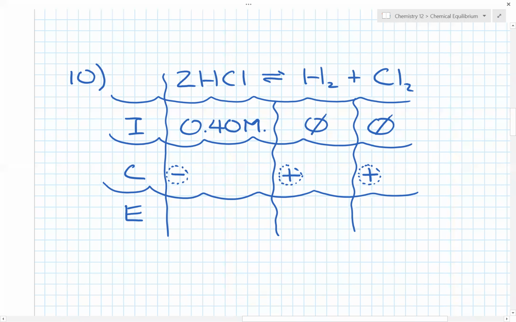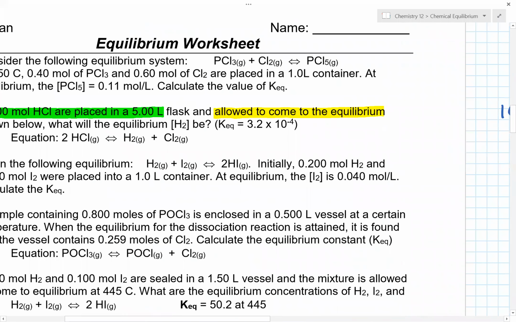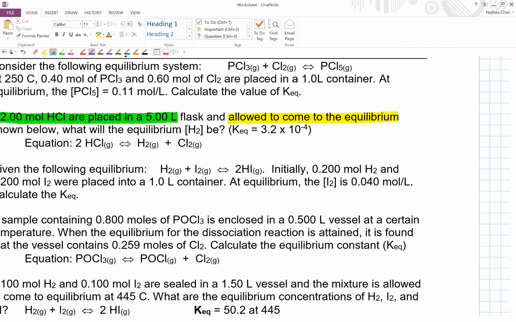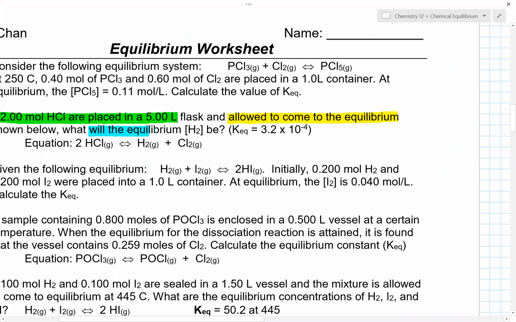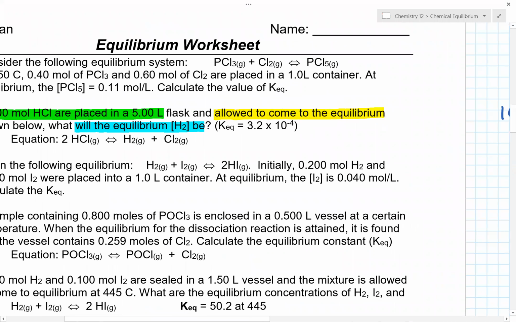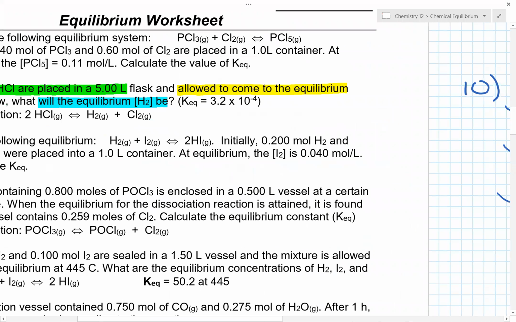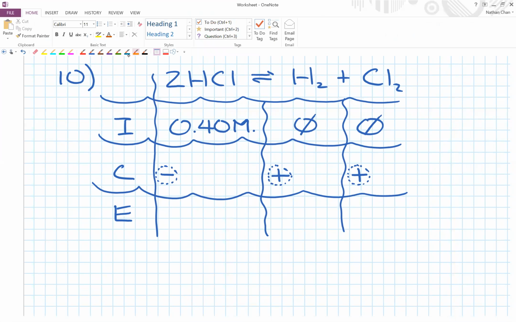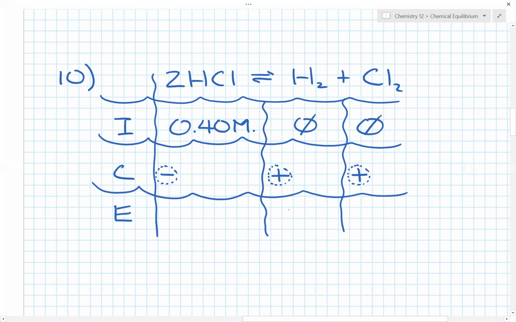Okay. Now, in this case, what will the equilibrium concentration of H2 be? They don't know that. So going back to math, if you don't know what something is, you fill in with x.